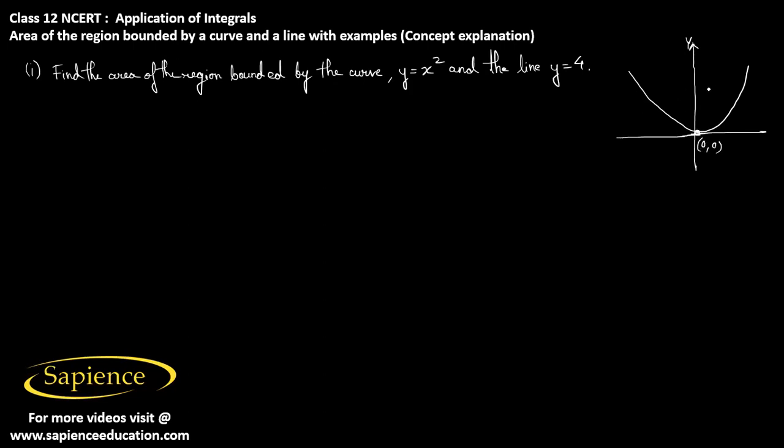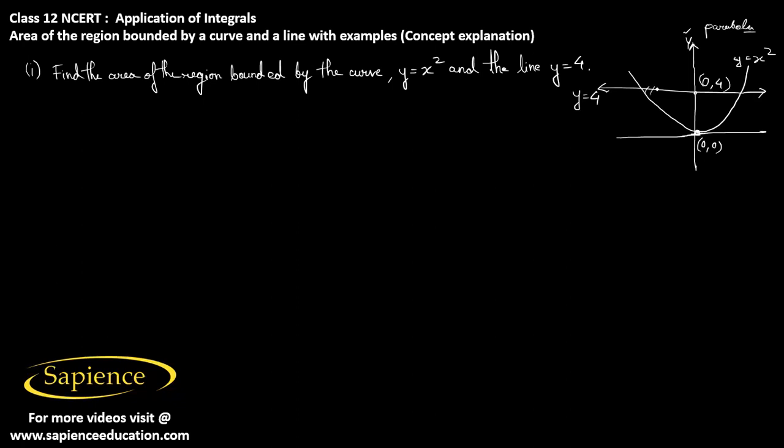The axis of the parabola is the y-axis, and the straight line y equals 4 is a straight line which is parallel to the x-axis, and it should intersect the y-axis at the point (0, 4).